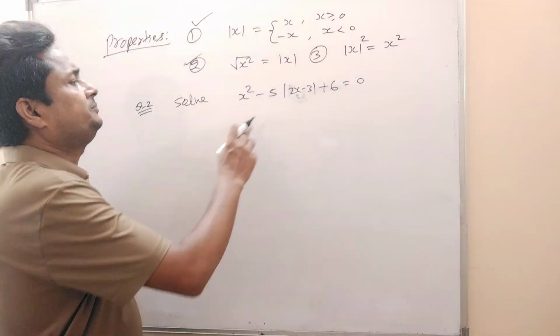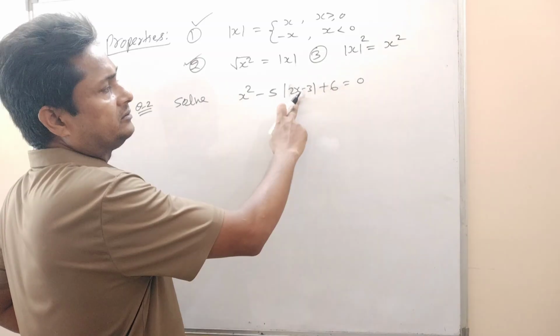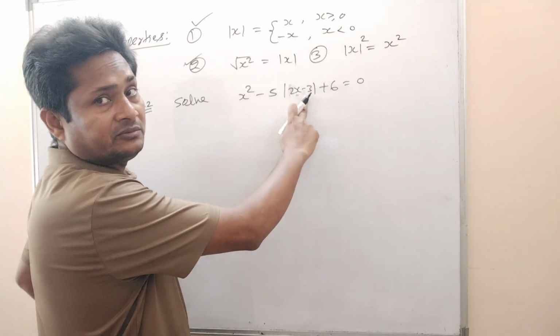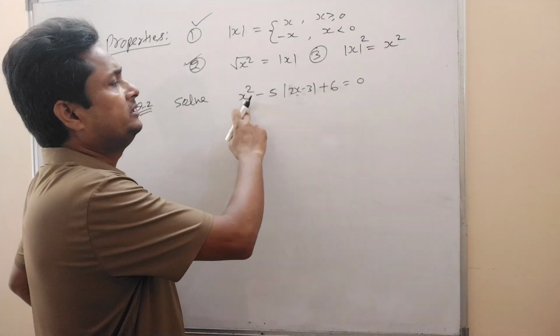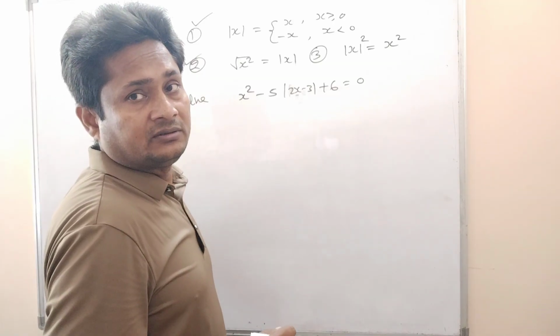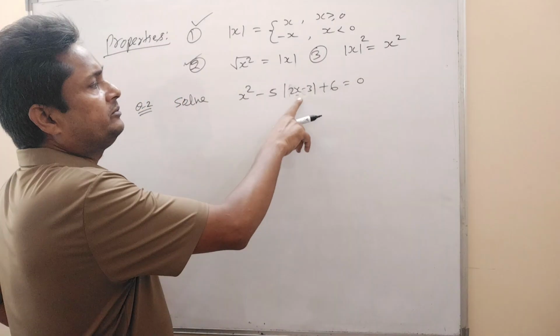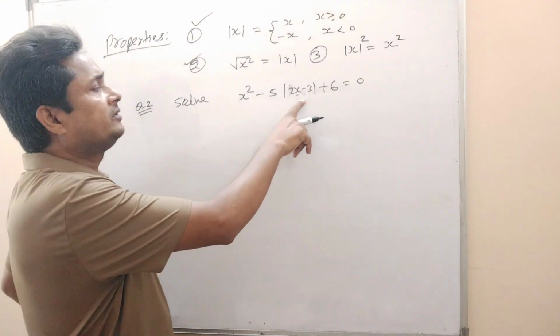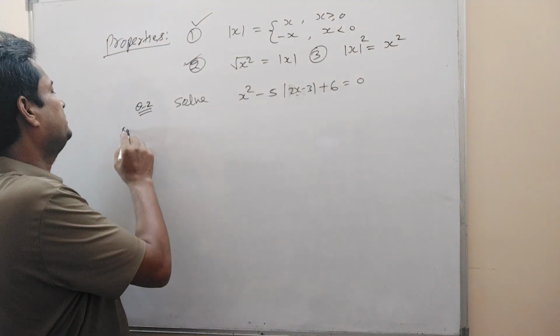So here there is a different expression inside the modulus, 2x minus 3, and here it is x square. So in this case we have to break this modulus. So how will you solve this question?